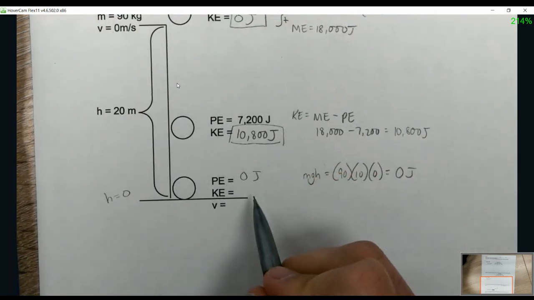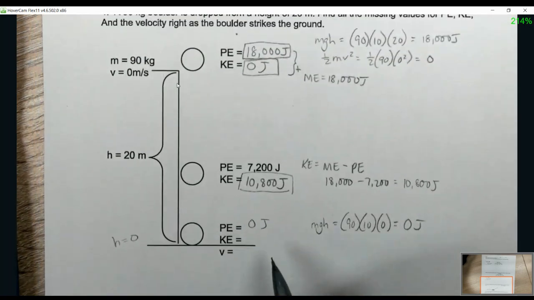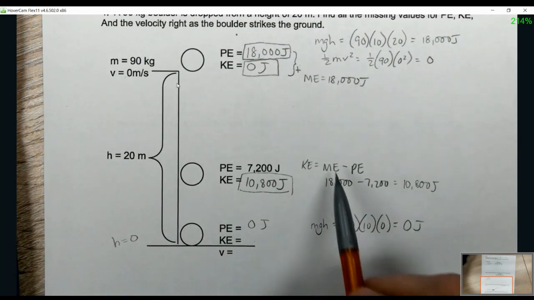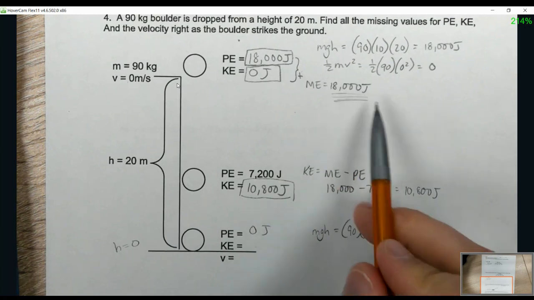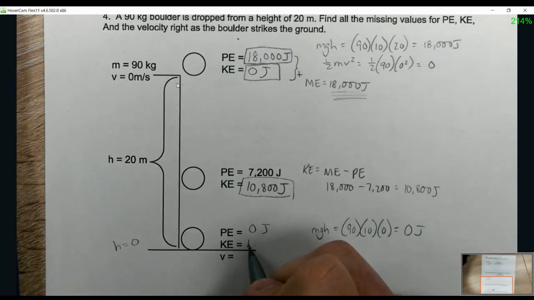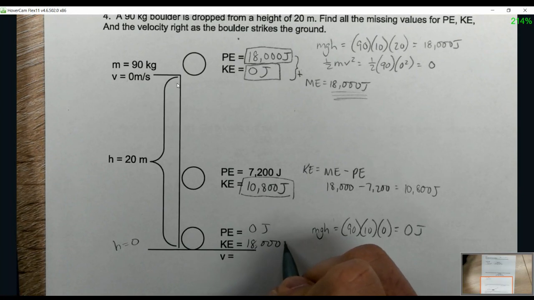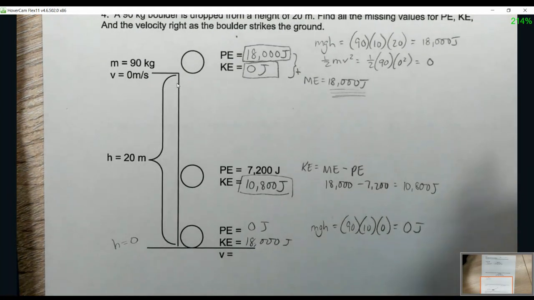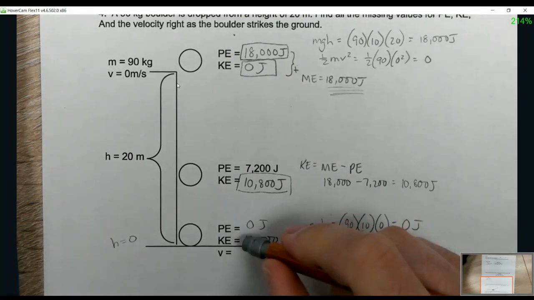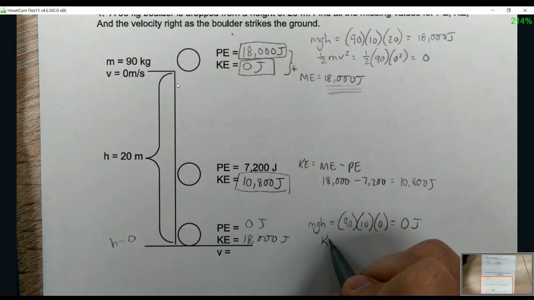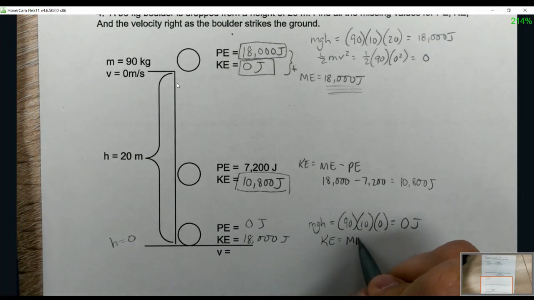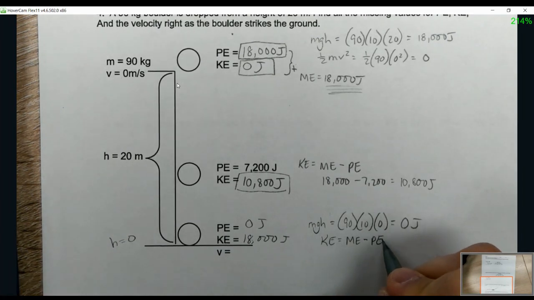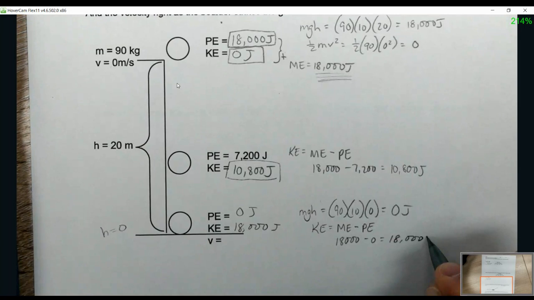That's got to be 0, which means the kinetic energy, 0 plus whatever this is, has to add up to that 18,000. So this is just going to be 18,000 joules. Same thing, you could have done kinetic energy is mechanical energy minus potential energy. So 18,000 minus 0 is still 18,000.